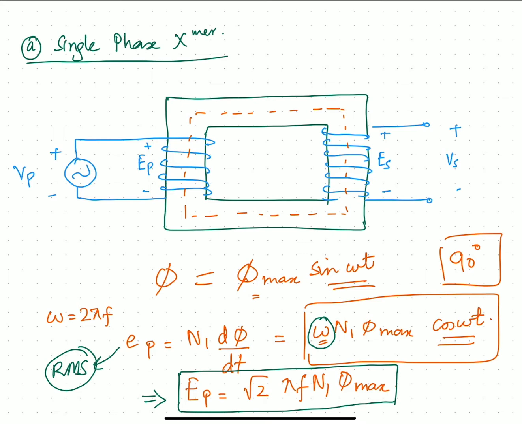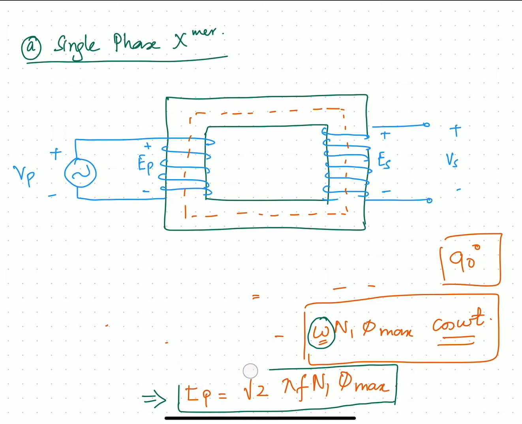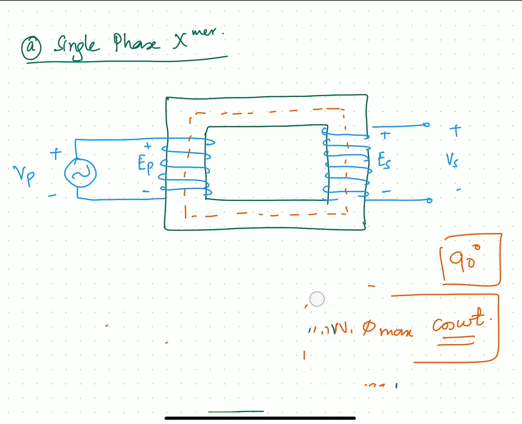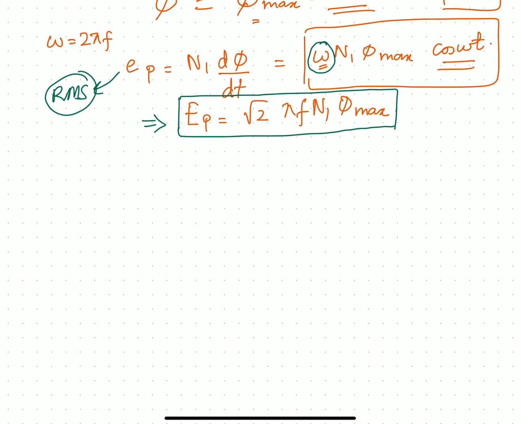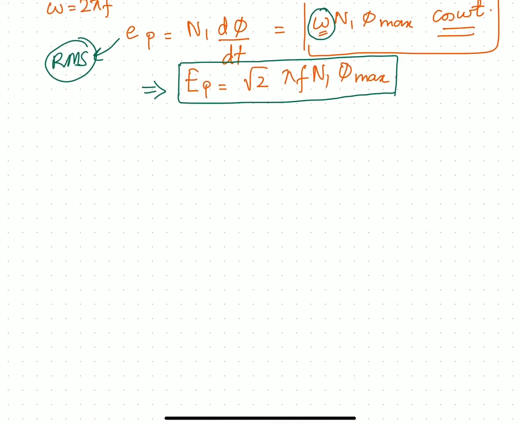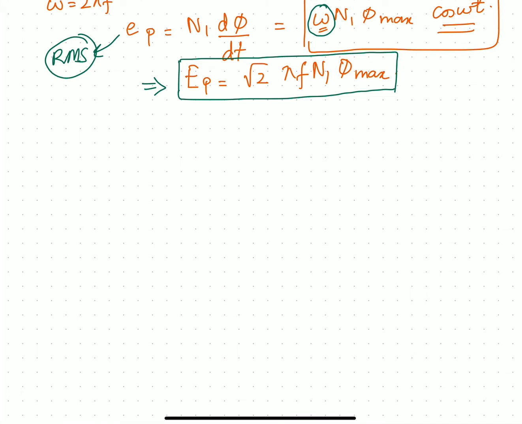So the RMS value of the induced EMF can be written as... I should avoid erasing. I want to save these notes. So on further simplification, this EP turns out to be 4.44 f n1 phi max.